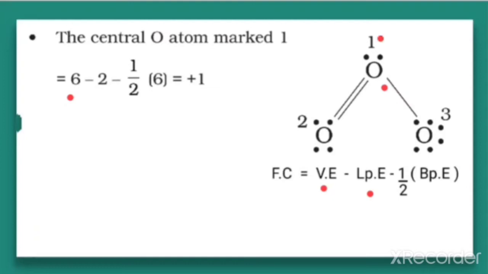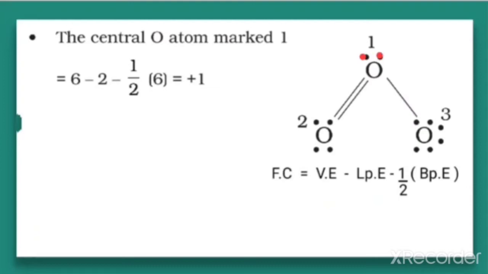Look at the structure here, how many dots are there? This dot is representing a lone pair. Lone pair electrons means a pair is made up of 2 electrons. So in simple words, just count the dots here. How many dots are here? 1, 2. 2 dots are there.